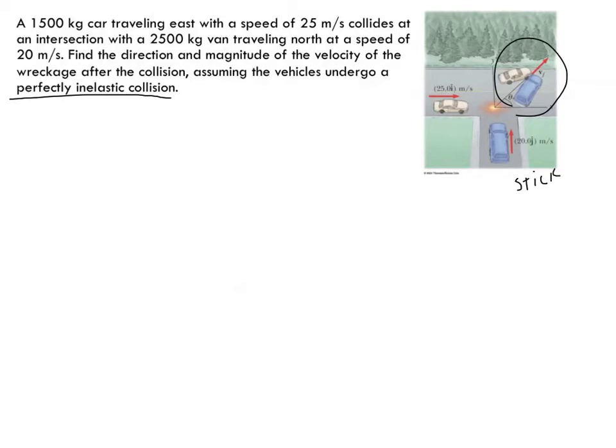So here, we can write our momentum equations for both directions. So in the x direction, we have our momentum of our first object, which we'll call M1. M1 V1 naught plus 0, since our second car has no momentum in the x direction.